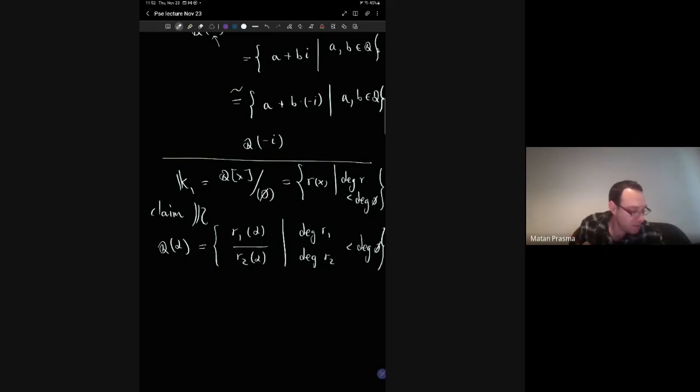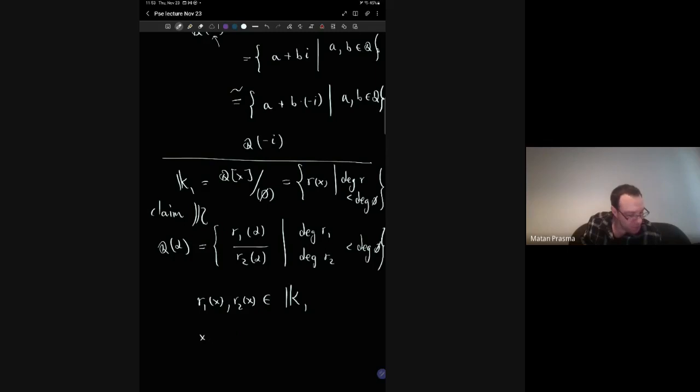what you have here, if you have R1 and R2 in K1, then of course, because K1 is a field, I have R2 inverse. Just to be more compatible with the notation, this is R1 of x and R2 of x.